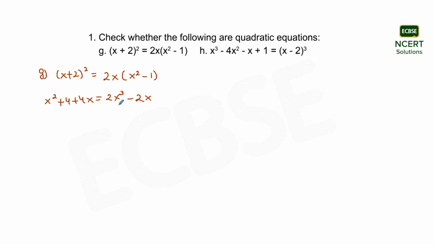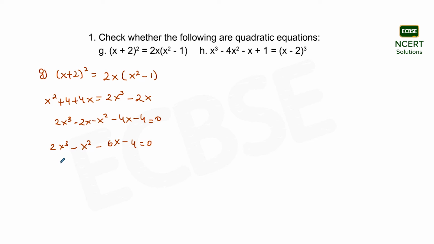Simplifying it, I'll be getting 2x cube minus 2x minus x square minus 4x minus 4 is equals to 0. Or here I can write it as 2x cube minus x square minus 6x minus 4 is equals to 0.